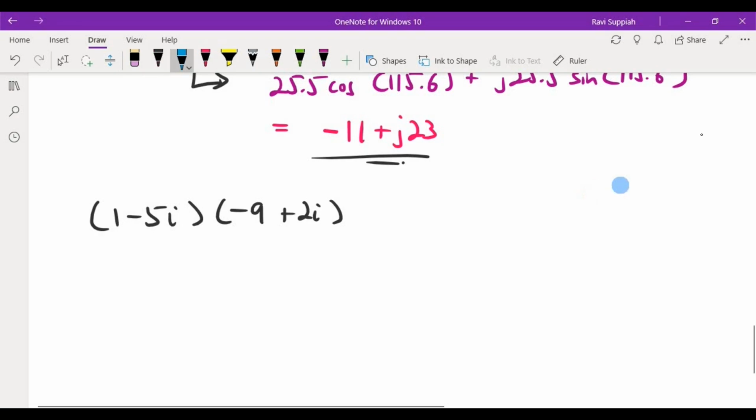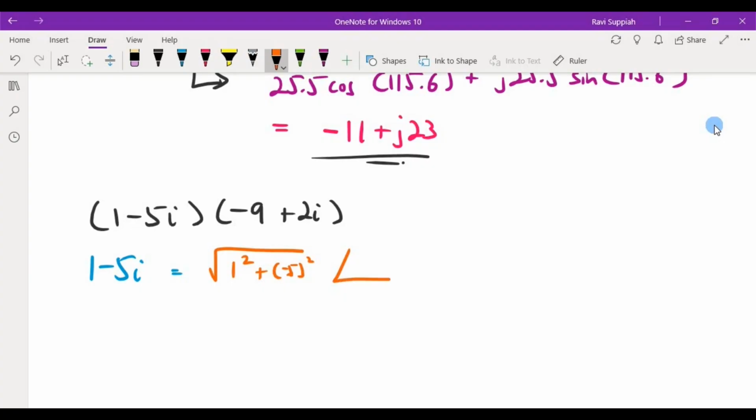So the first complex number here, 1 minus 5i. To convert it, I need to find r and theta. So it would be 1 square plus minus 5 square, and the angle would be inverse tangent of negative 5 over 1.